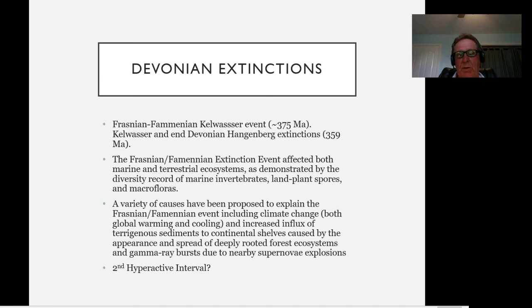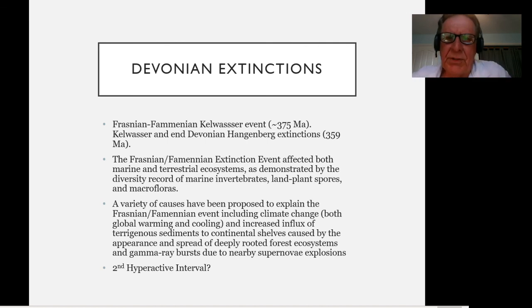If you move to the more bizarre, there are people who propose gamma ray bursts, nearby supernova explosions. There have been asteroid impact explanations for this. And it has even been suggested, looking at the paleomagnetic record, that there may have been a second hyperactive magnetic field reversal episode during the time interval, which would have weakened the magnetic field.